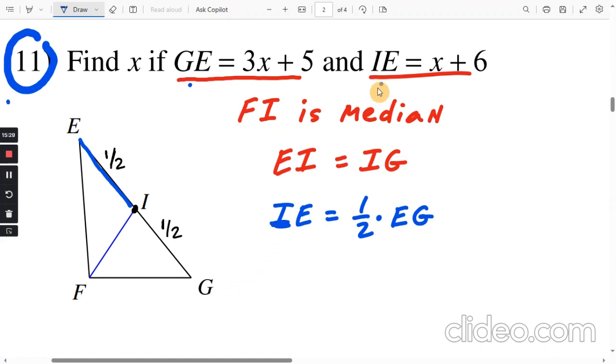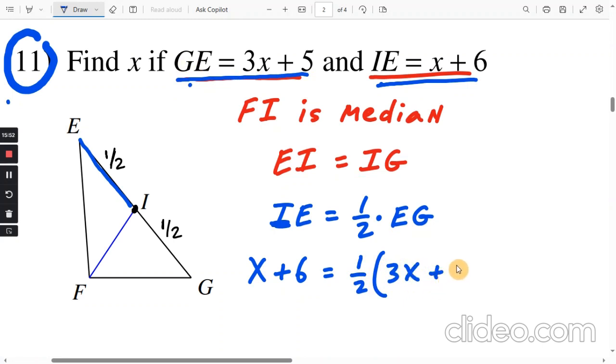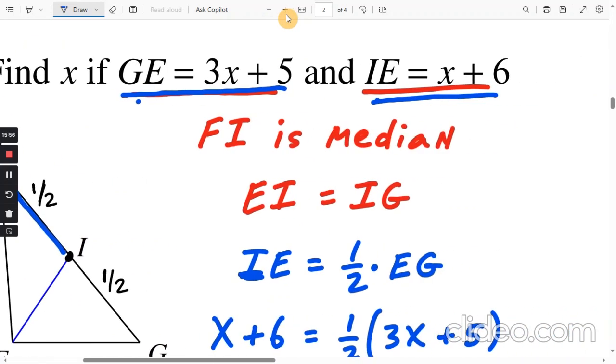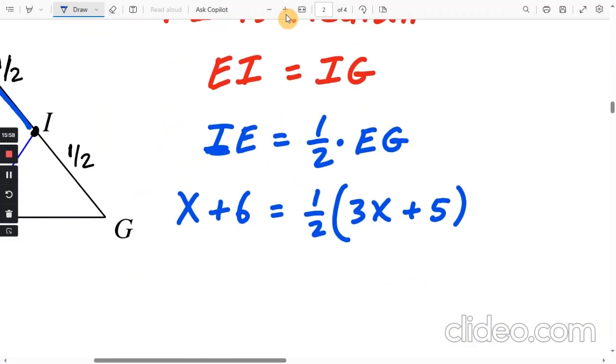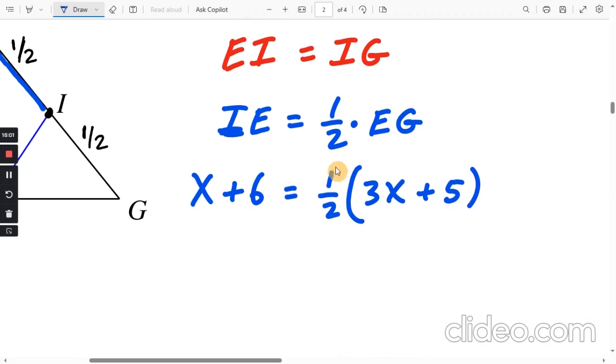All right, and now let's sub in the expressions. IE is x plus 6. So IE is going to be x plus 6, and that's going to equal 1/2 times EG. Use parentheses. EG or GE, same thing. That's going to be 3x plus 5. All right. Now, I know a lot of you recognize the distributive property.